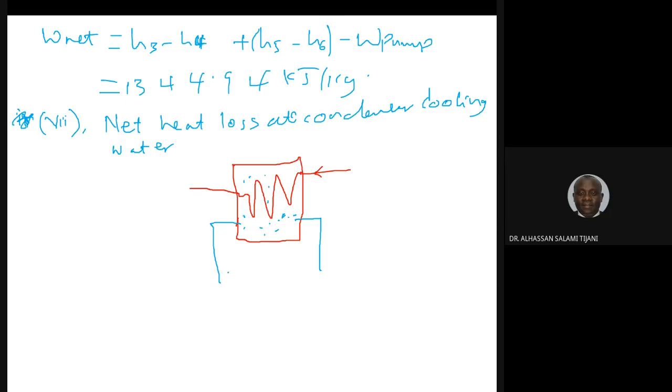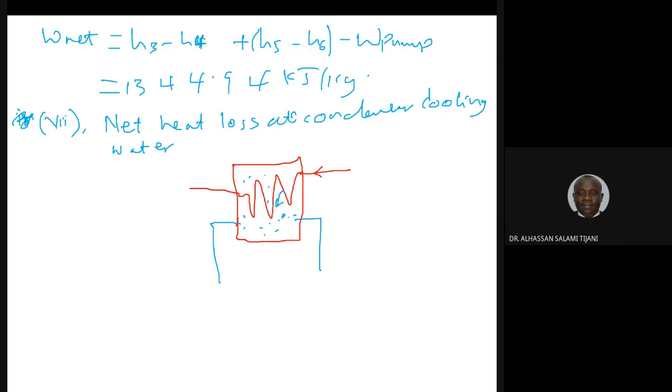Okay, so we want to know that the amount of heat loss by this hot fluid equals the amount of heat gain by the cooling water. That's one thing we should know.